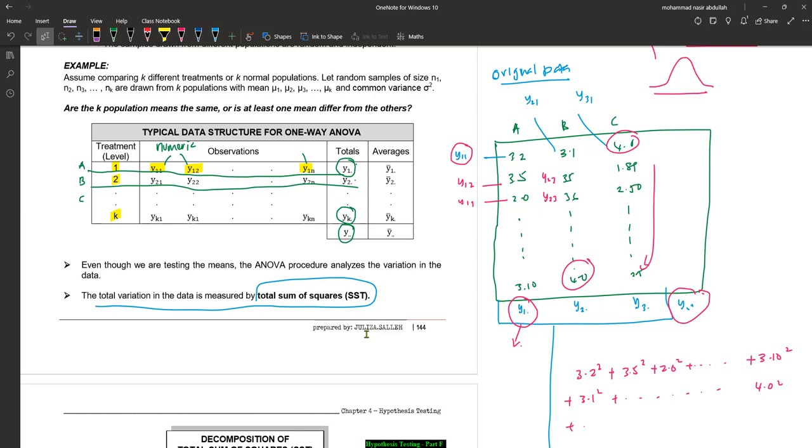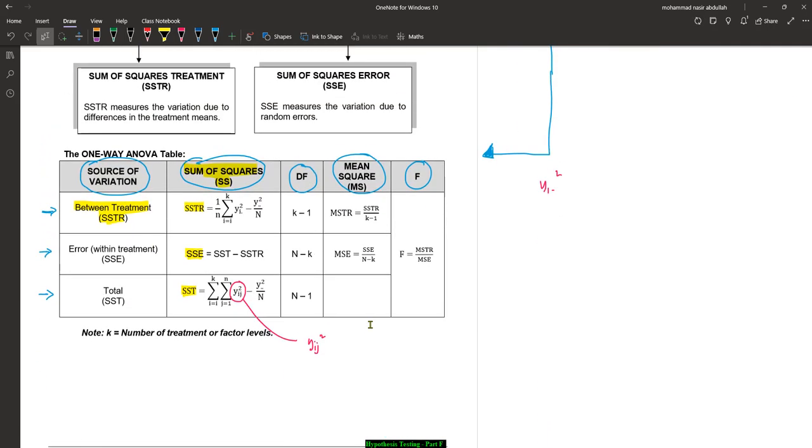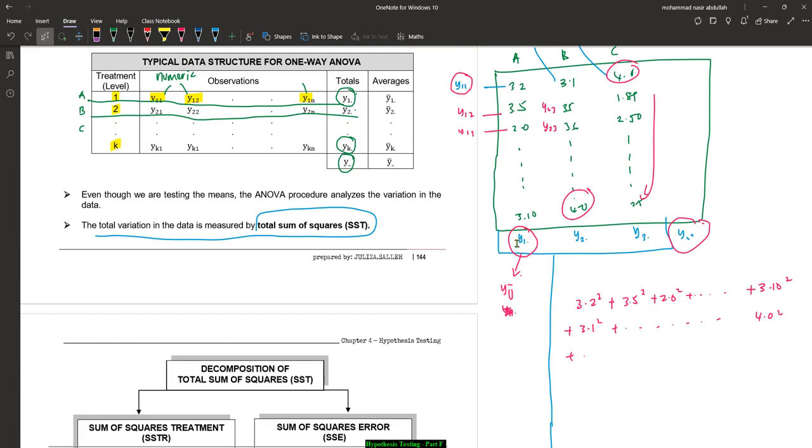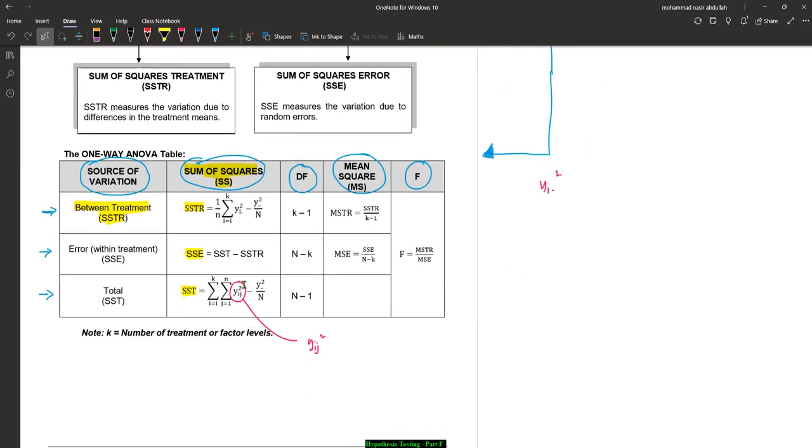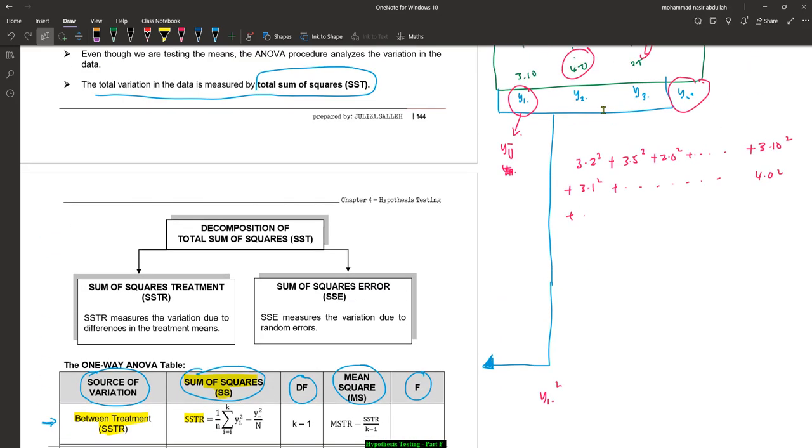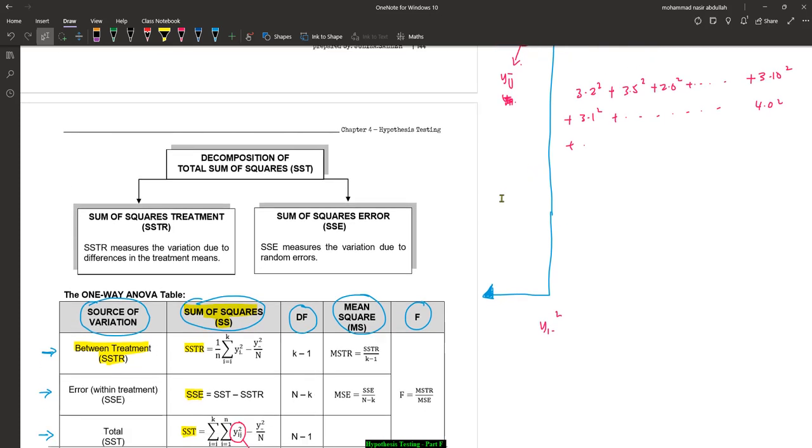This is what we call Yij. Y11 for the total. This is for total 1 dot, right? So we take the total Y1 dot here, square until the end. We will look at an example later.